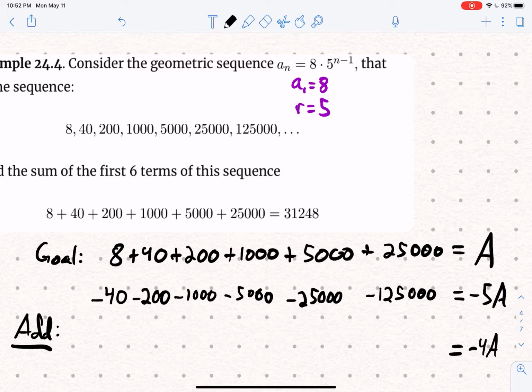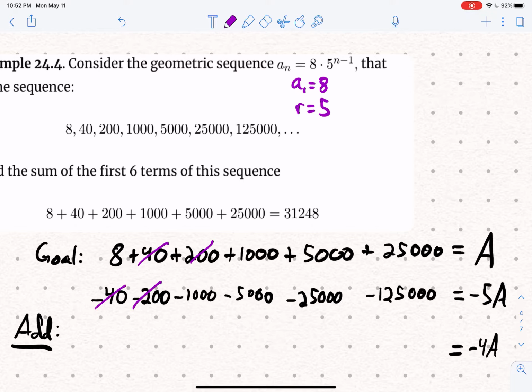And on the left-hand side, let's see what happens. Instead of adding them up and down, I'm just going to notice that the second term here, plus 40, cancels with the first term down here, negative 40. Positive 40 minus 40, they cancel. 200 and minus 200 cancel.